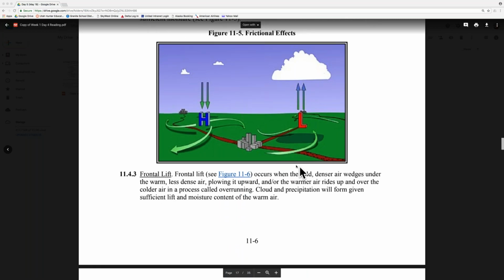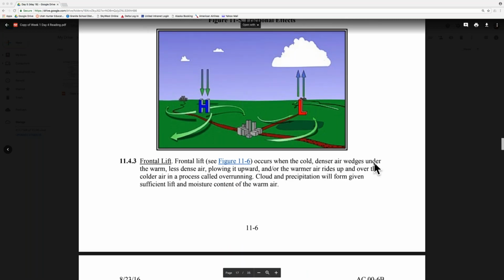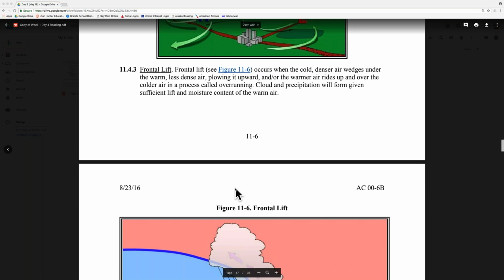So frontal lift. This occurs when the cold, denser air wedges under the warm, less dense air, plowing it upward, and the warmer air rides up and over the colder air in a process called overrunning. The cloud and precipitation will form, given sufficient lift and moisture content of the warm air.